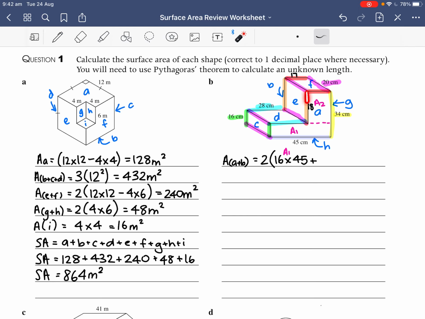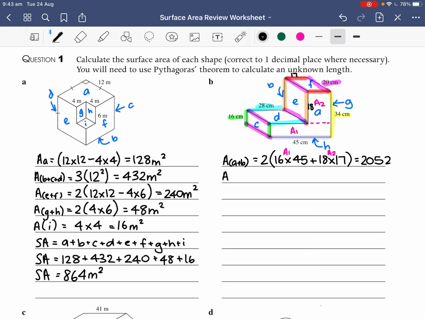Plus, now my area 2 is this rectangle here, which is dimensions 18 by 17. So 18 times 17, and that was my area 2. So if I put that into my calculator, 2 lots of 16 times 45 plus 18 times 17, I get 2052.